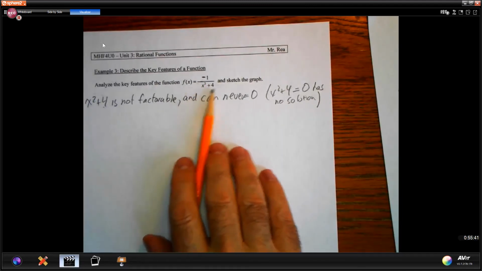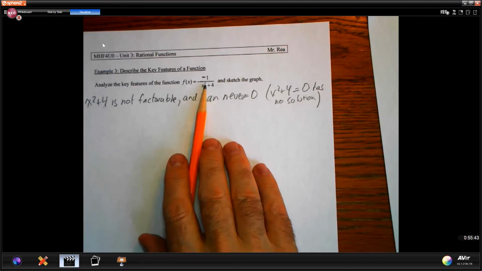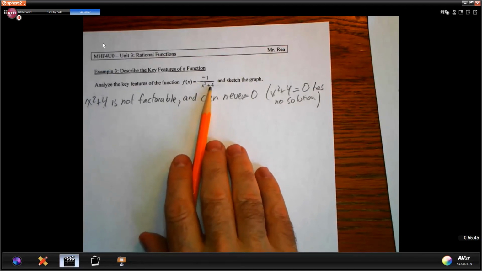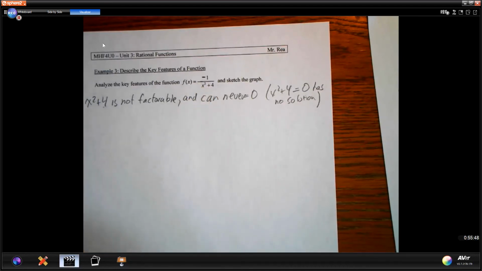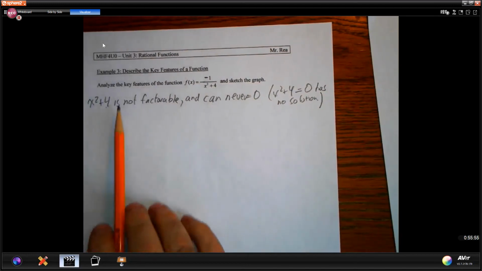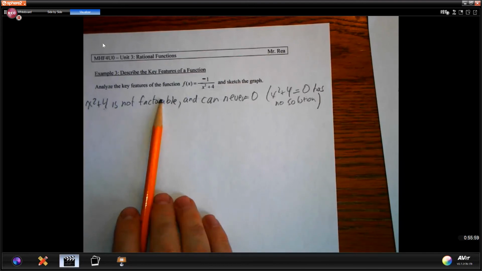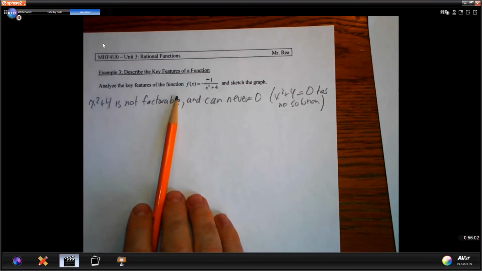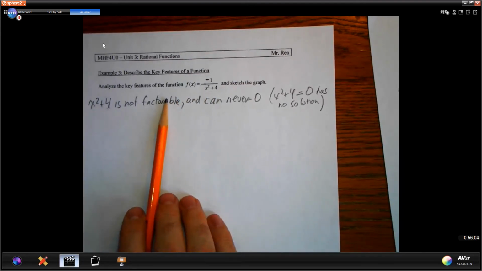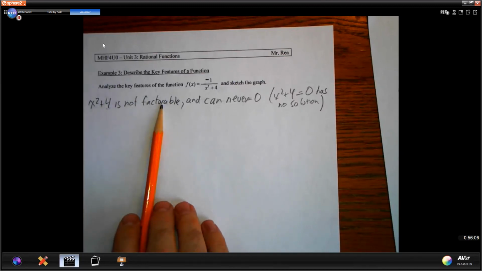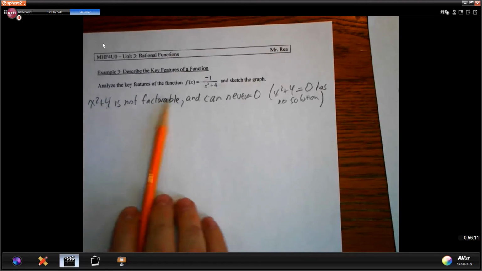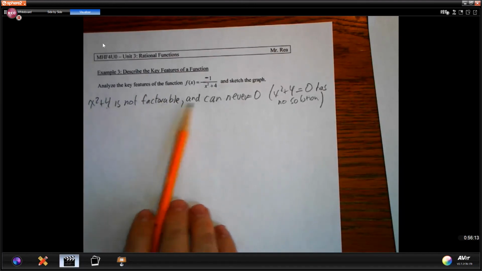Now, if I change the 4 to 3, x squared minus 3, that's not factorable, but I can find zeros for that by using the quadratic formula. So these two things aren't the same. Just because something's not factorable doesn't mean it can't be 0. We learned that in grade 10 and 11 when we learned the quadratic formula. Even if it wasn't factorable, it would give you the zeros.